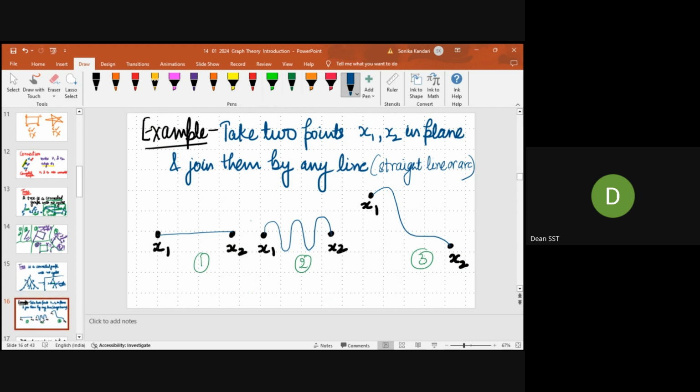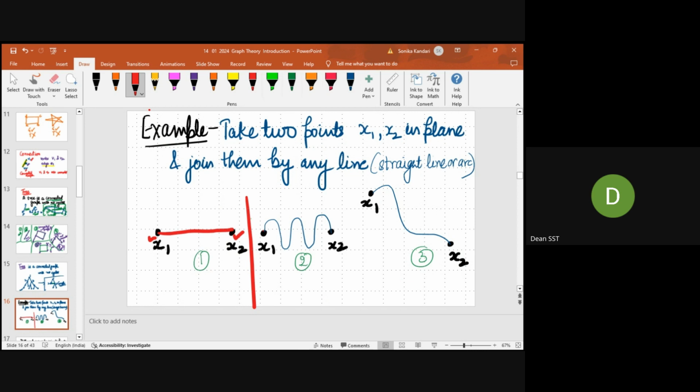Now coming on to graph. Fine. Is this slide visible to all of you? Yes, ma'am. Okay. Let us take 2 points, x1 and x2, and join them. We can join in this manner. See diagram 2, how we are joining these 2 points. We can join them like this. Now in diagram 3, let us again join x1 and x2.